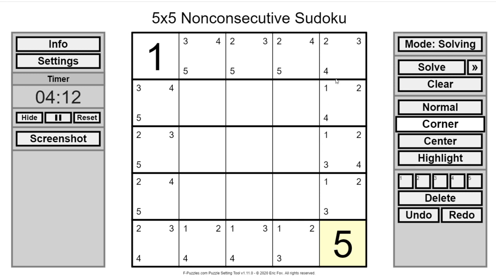So a 1 in this row must be in one of these spots, so that can't be a 2. This can't be a 2 because of the 1, 2, 3's next to it.